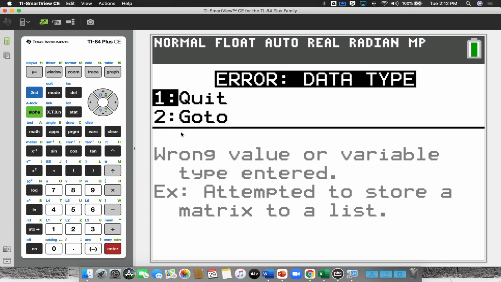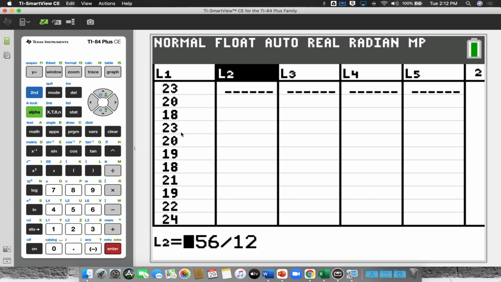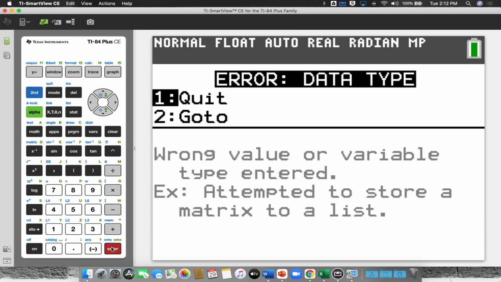Oops, why won't it let me do that? Let's see. What did I do wrong? Maybe I need to put divided by in here. Nope, I guess not.